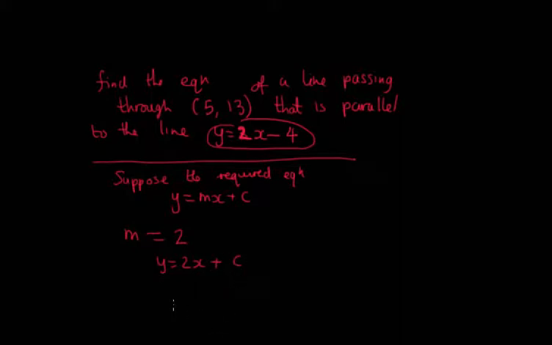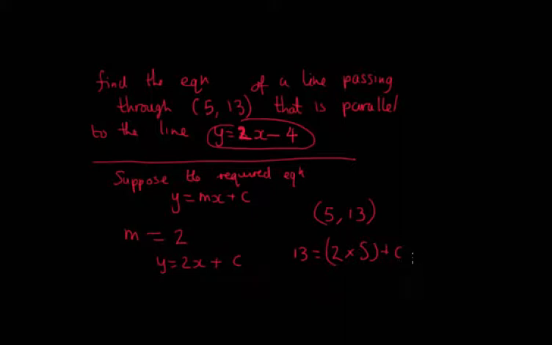Since it passes through the point (5, 13), what we can do is substitute these points into this equation. So y is 13, it must be 2 times x, which is 5, plus c.